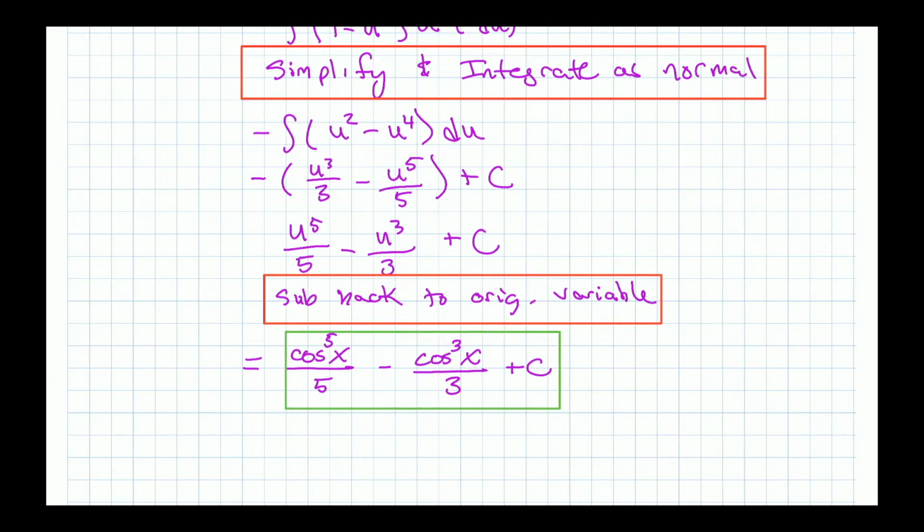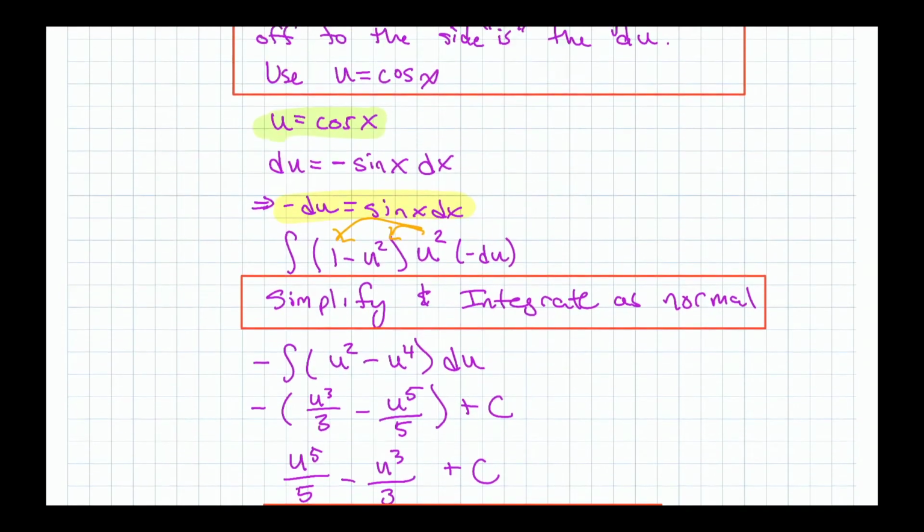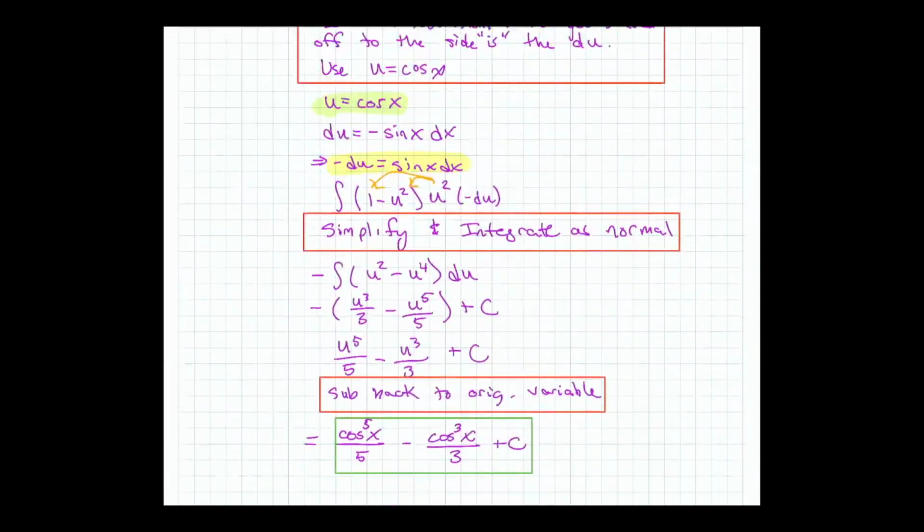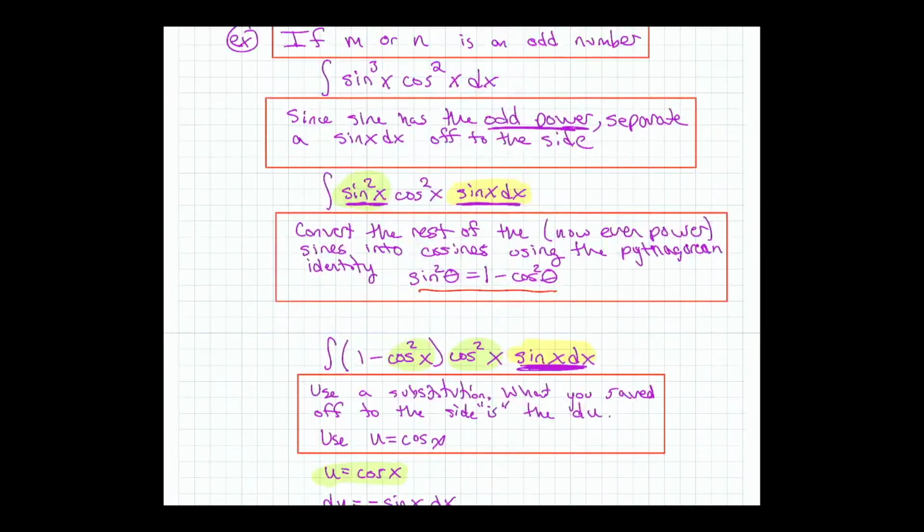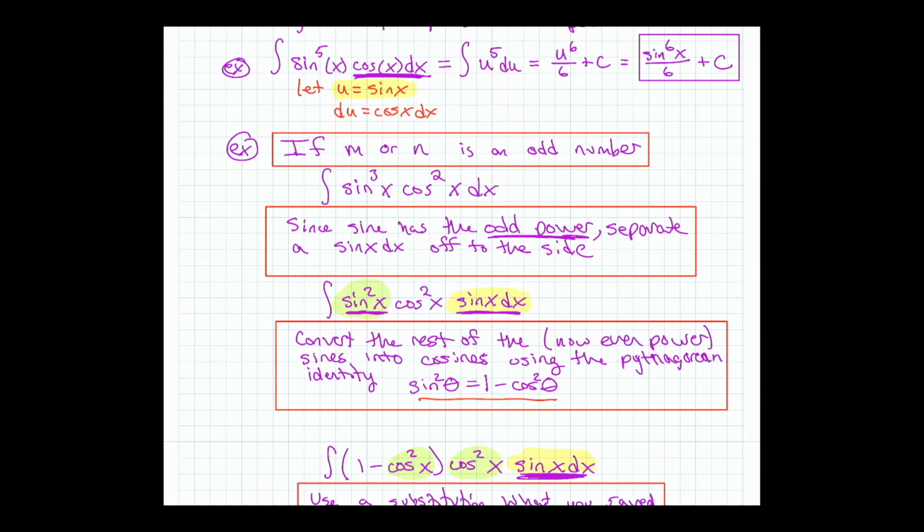Done. Okay. And so that process is basically how you handle any kind of case where you have sines and cosines and one of the powers is odd. Now, everything is going to be reversed, though, if it's the cosine that has the odd power and not the sine. Okay, so it could be completely backwards.